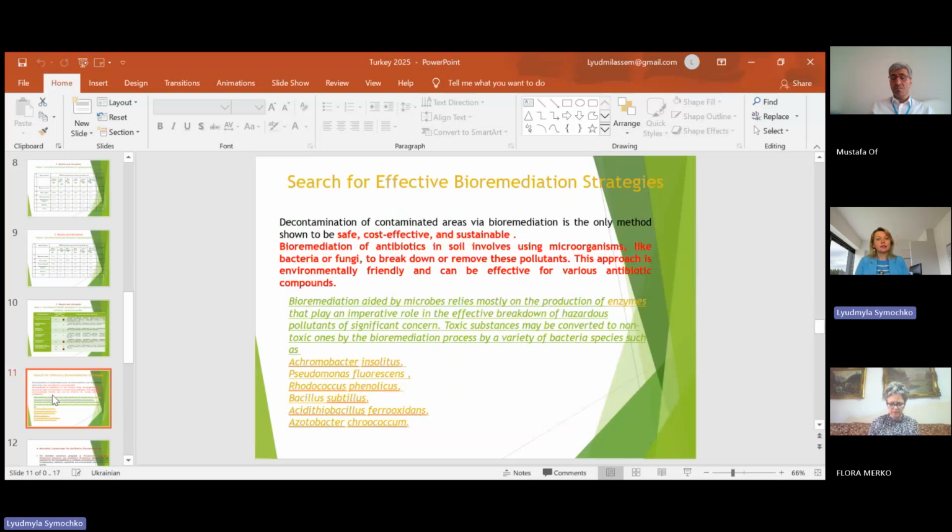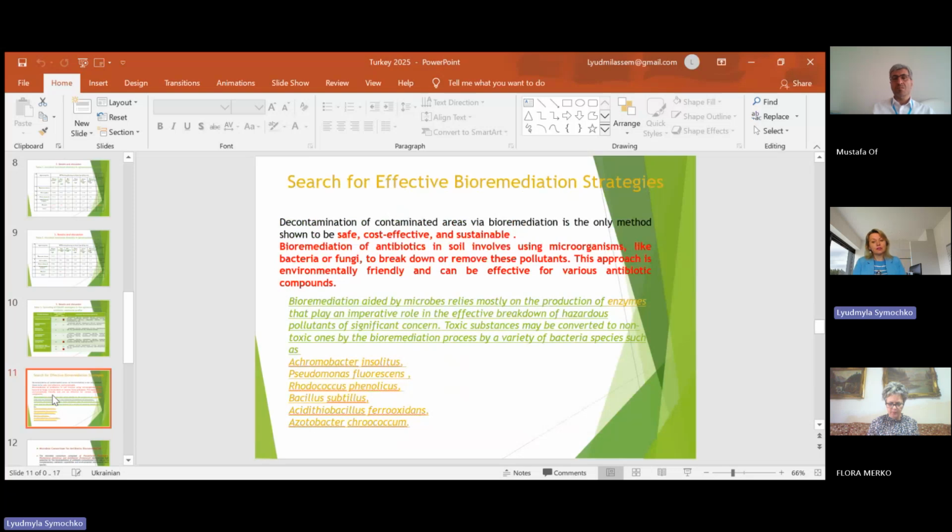So it means that accumulation of this antibiotic in the environment is very high. So we were thinking, what are the main criteria in this case for the method of bioremediation? Of course, it should be safe, cost effective, and sustainable.